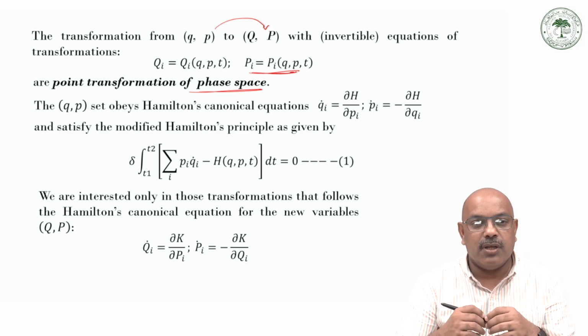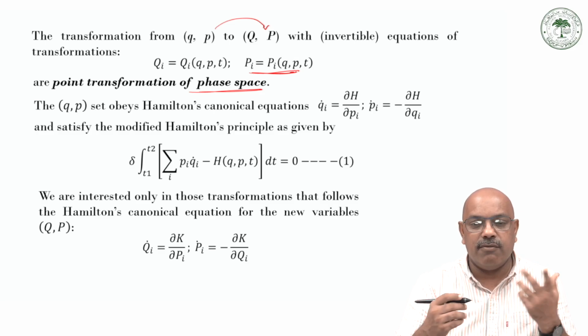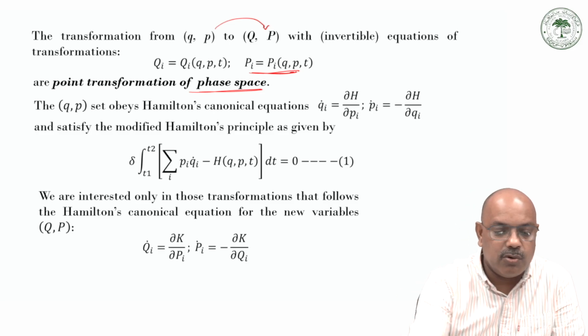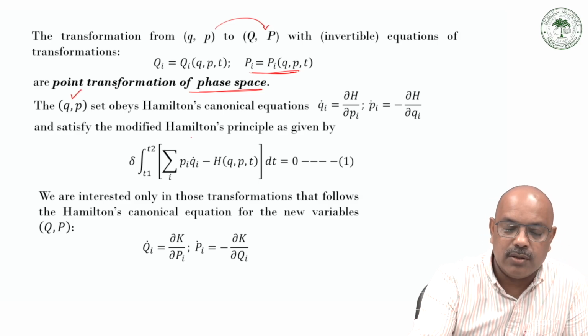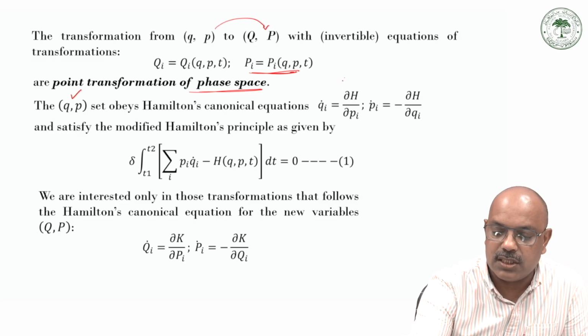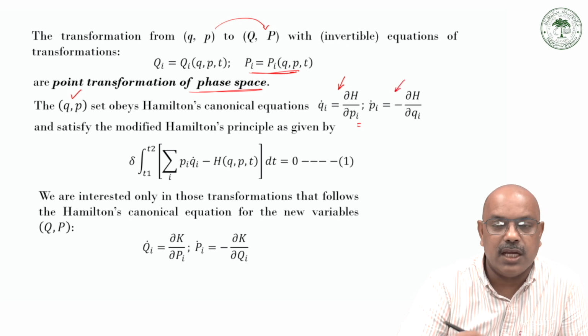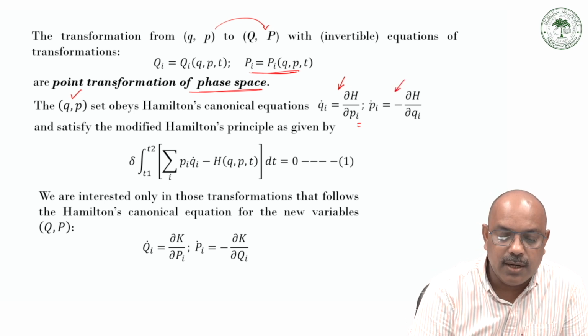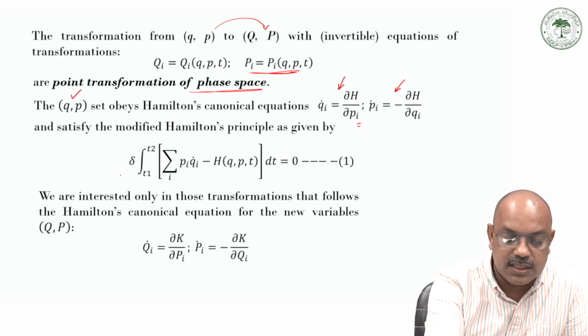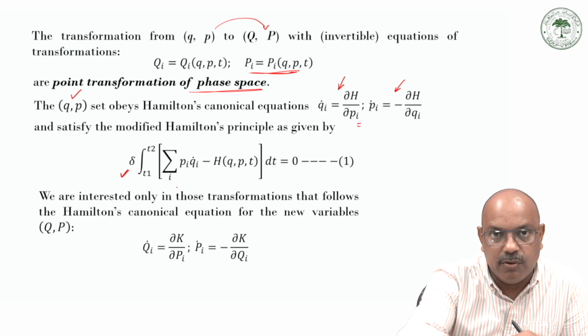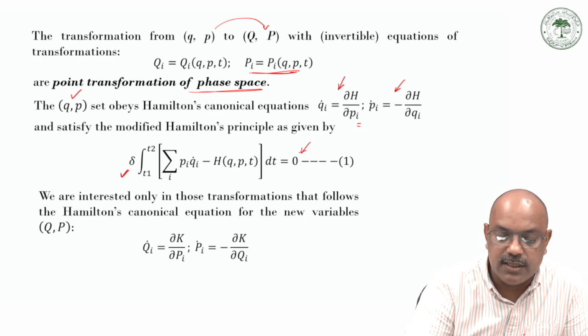Okay, so the old coordinates q, p obey the Hamiltonian equations, that is q dot equals ∂H/∂p_i, and p dot equals minus ∂H/∂q_i. And they satisfy the modified Hamilton's principle, that the variation from the original path is always zero.